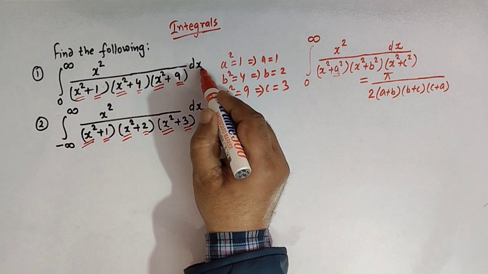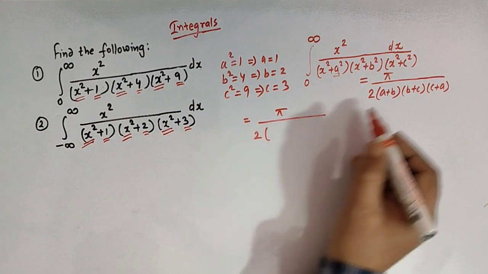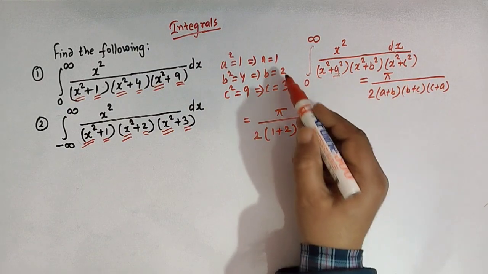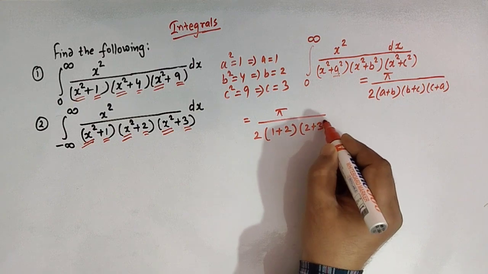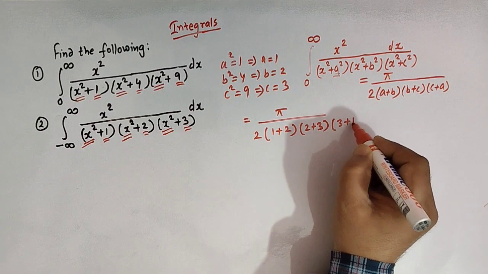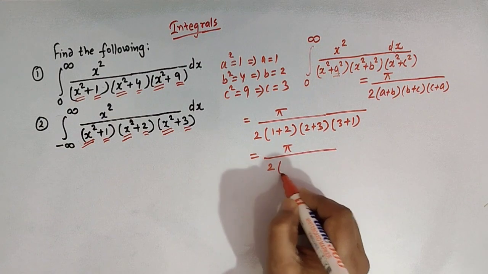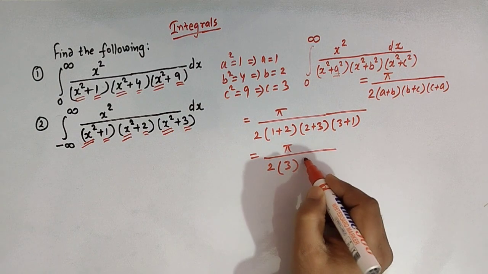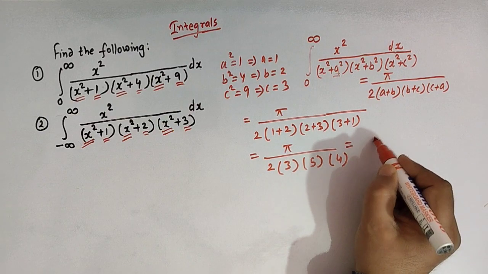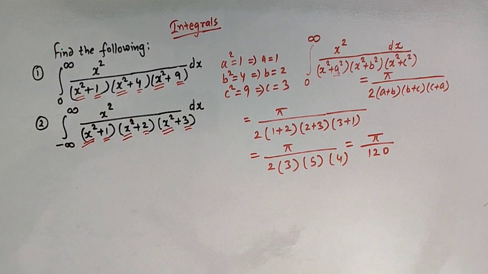The value is pi divided by 2 times a plus b, that is 1 plus 2, then b plus c, that is 2 plus 3, and then c plus a, that is 3 plus 1. So we have pi divided by 2 times 3, 5, and 4, which is pi divided by 120.